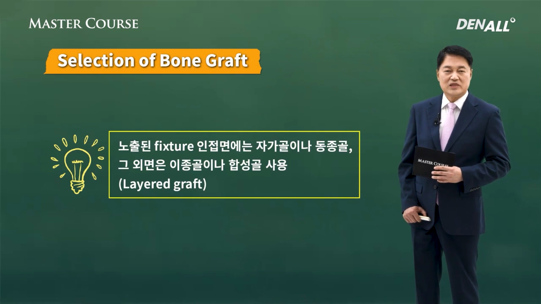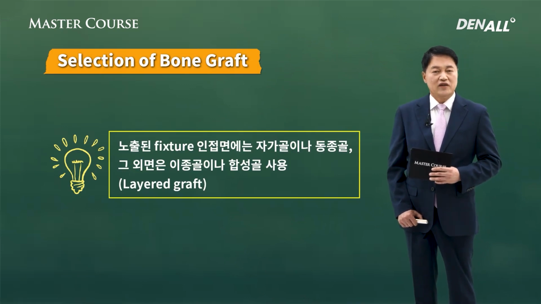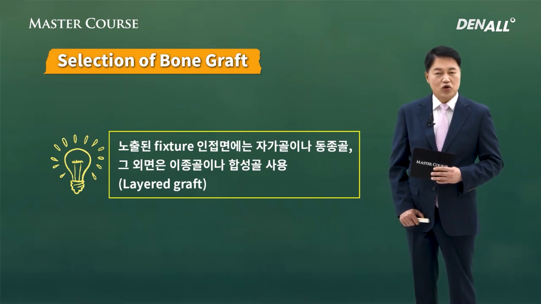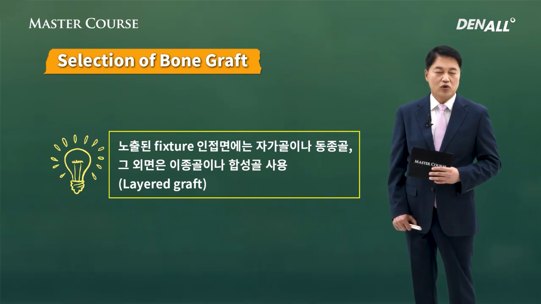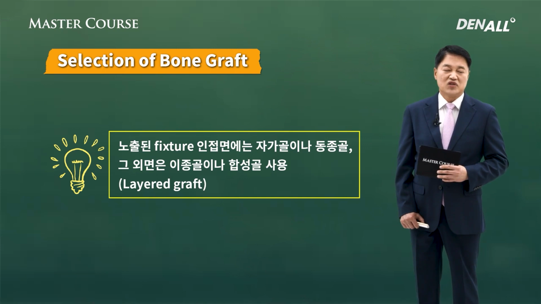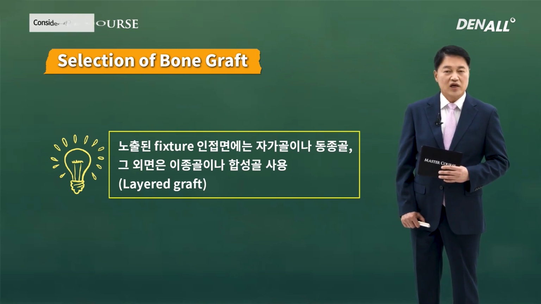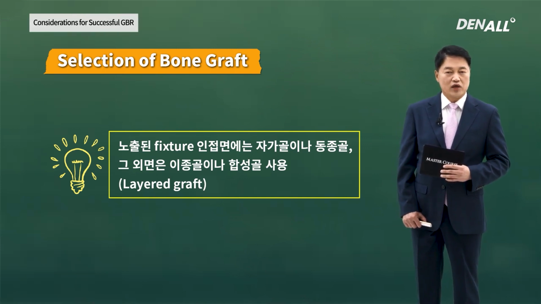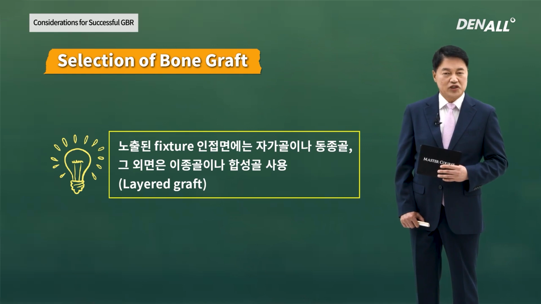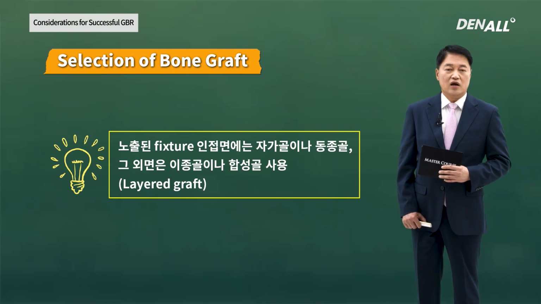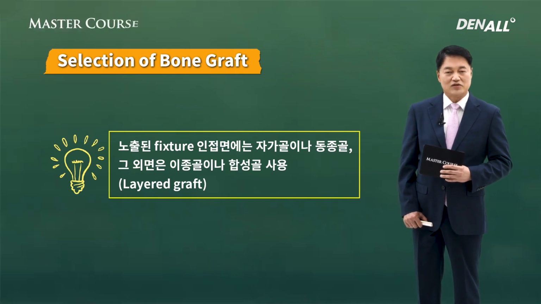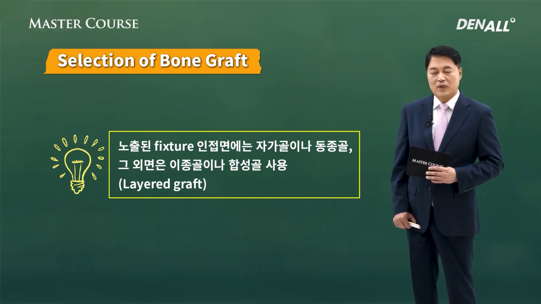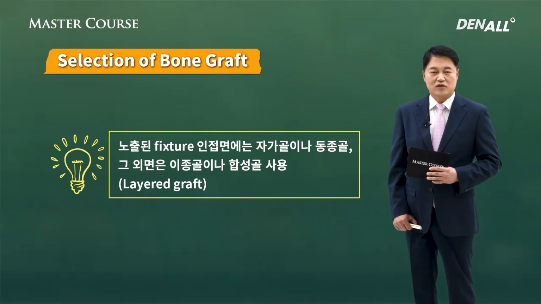For effective GBR, next to the exposed fixture, you should use autogenous and allograft material to induce bone regeneration, and on the outside, use xenograft or synthetic material that does not resorb quickly to maintain space. In other words, use the sandwich technique or layered graft. This is the effective way to do GBR.